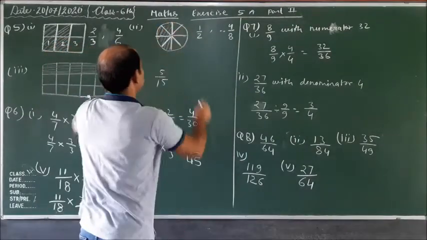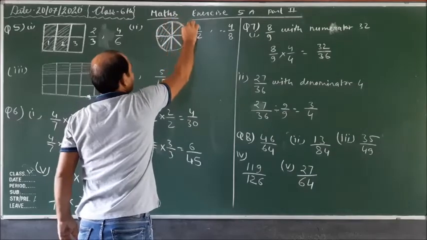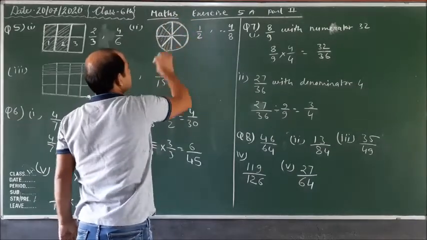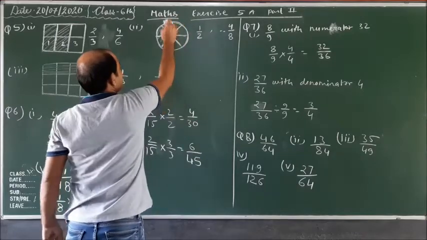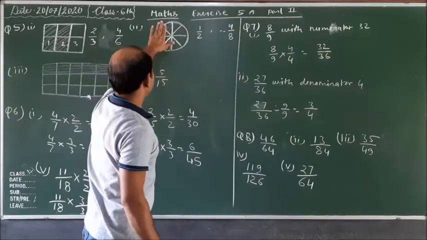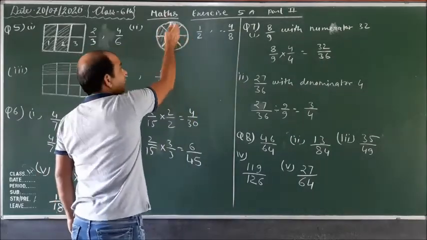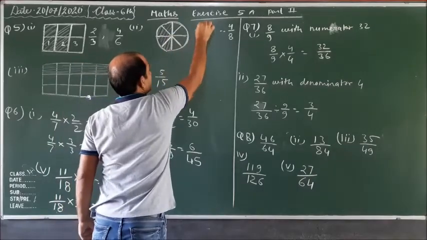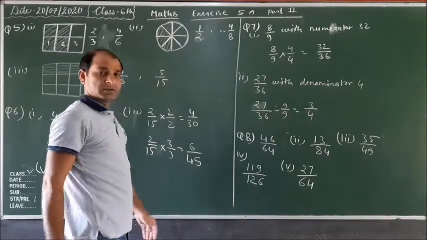This is one circle. In one circle, first we distribute 2 parts. This is one part and this is the second part, so 1 upon 2, half part. So we write 1 upon 2.